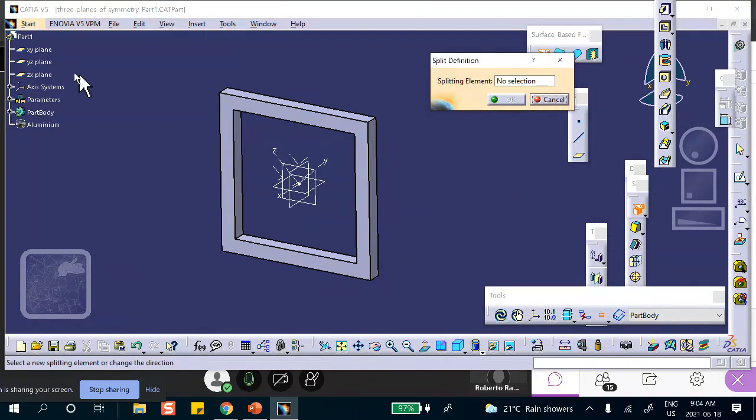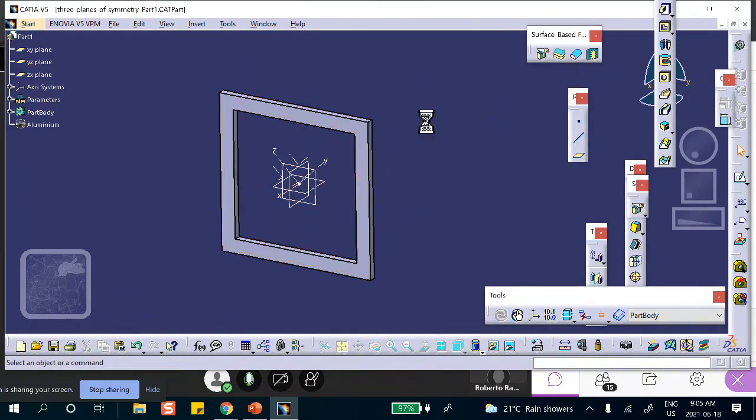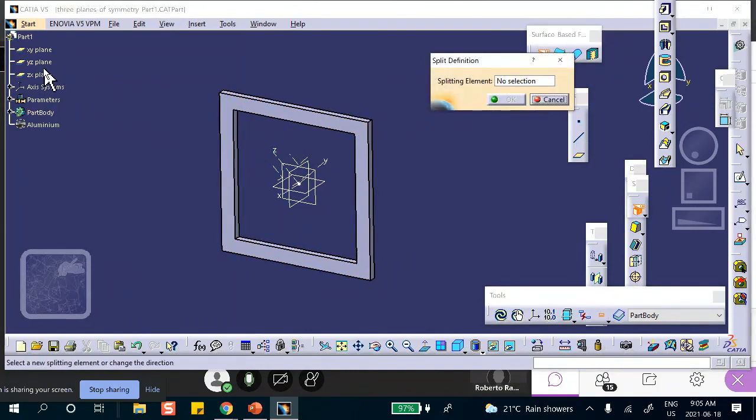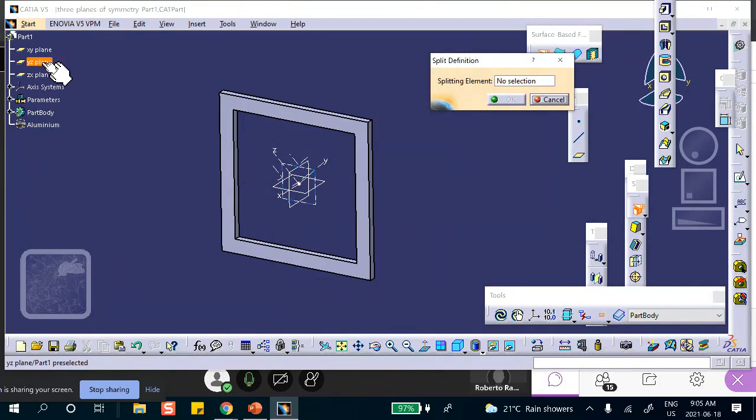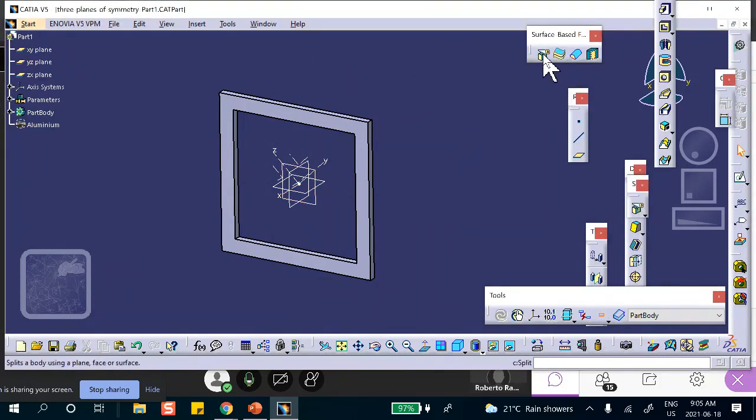Okay. Split it with the YZ. It just reduces this by half. There, you can see that. I could have padded it 0.5 instead. Split it with XZ. No, we already did XZ. YZ. No. XZ.